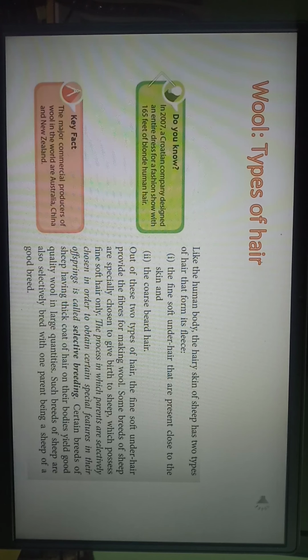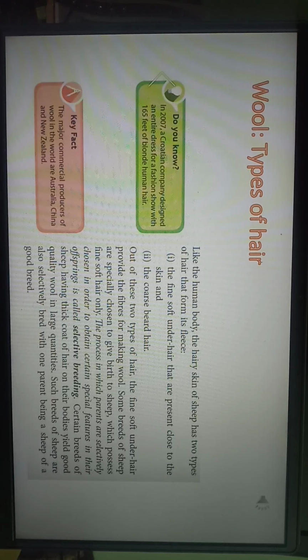The characters that are in the parents will be in the offspring too, isn't it? So this process in which the parents are selectively chosen, parents are selected, in order to obtain certain special features, is known as selective breeding.